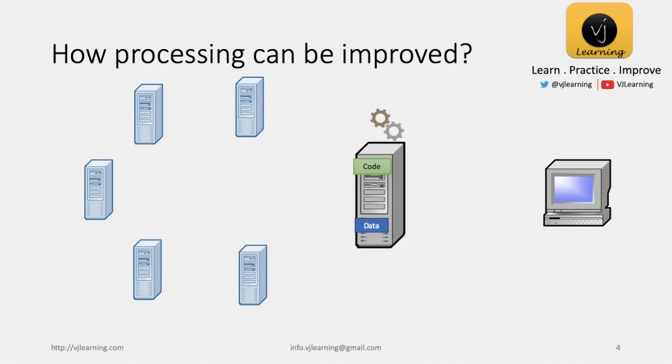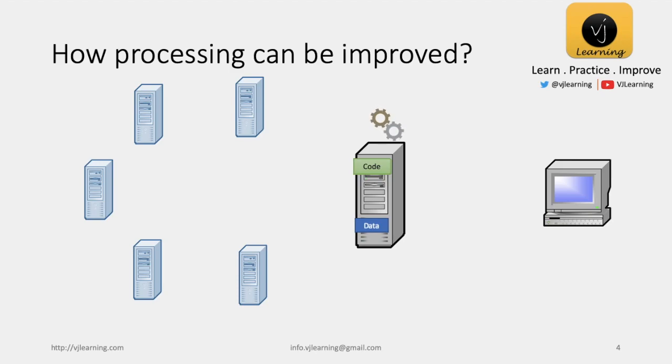The problem with this approach is all these servers have to send the collected data to one server over the network, which is the costliest transaction, because we are trying to transfer terabytes of data over the network, which is slow and not the right approach.